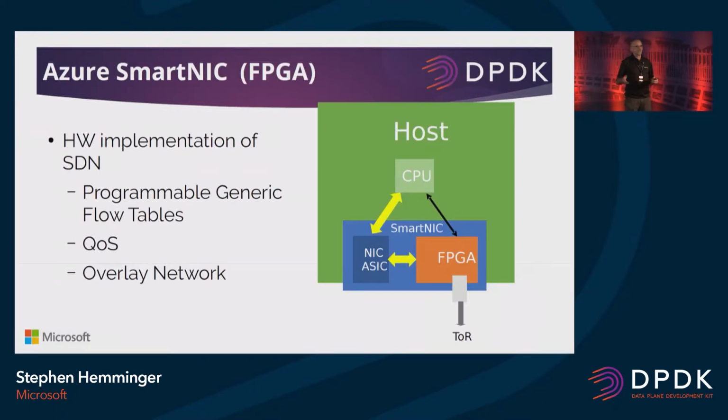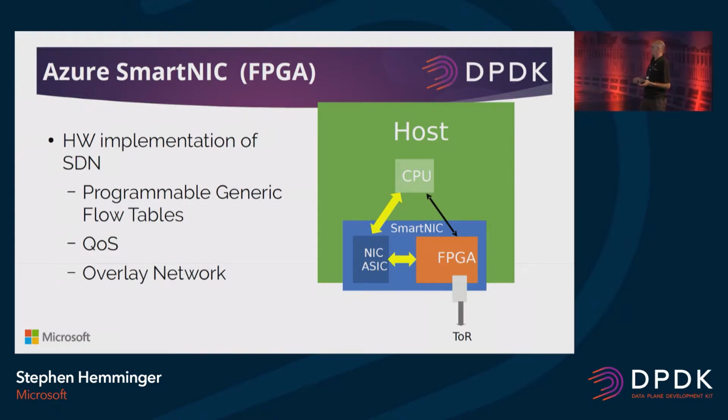So how does Azure networking work today? We have a custom FPGA. I should use my magic pointer. And the FPGA is the core which does the acceleration. So it has a flow table, which is programmed. It does all the QoS, and it manages the overlay networking.